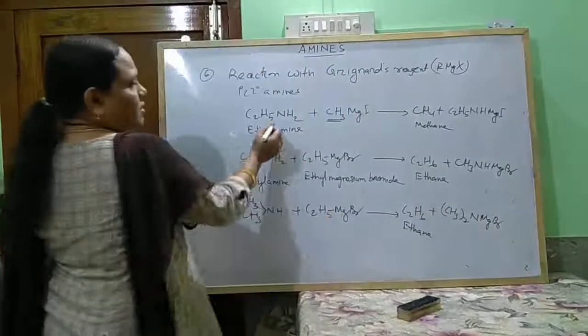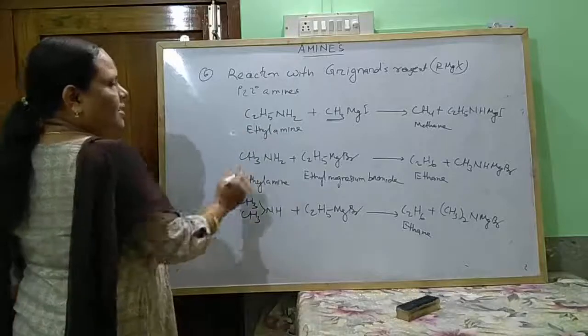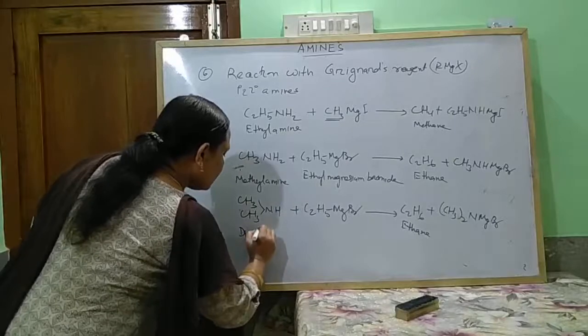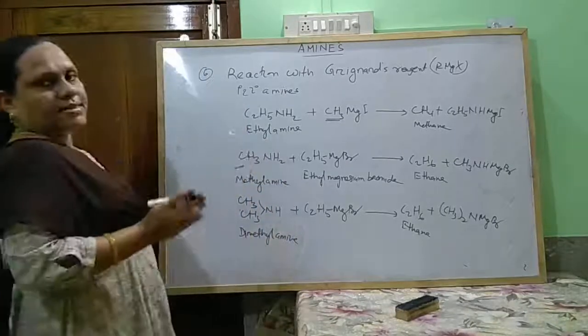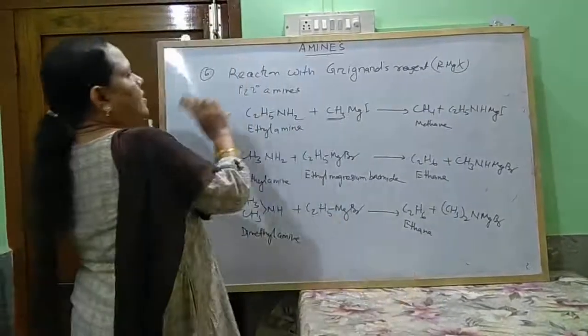So these hydrogen atoms are active hydrogens in primary and secondary amines. This is methylamine, this is dimethylamine, reacting in the same way. Okay. Next come to reaction with aldehydes.